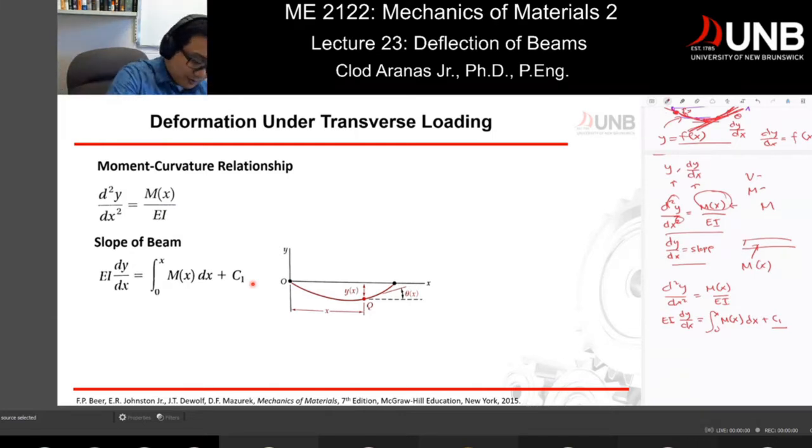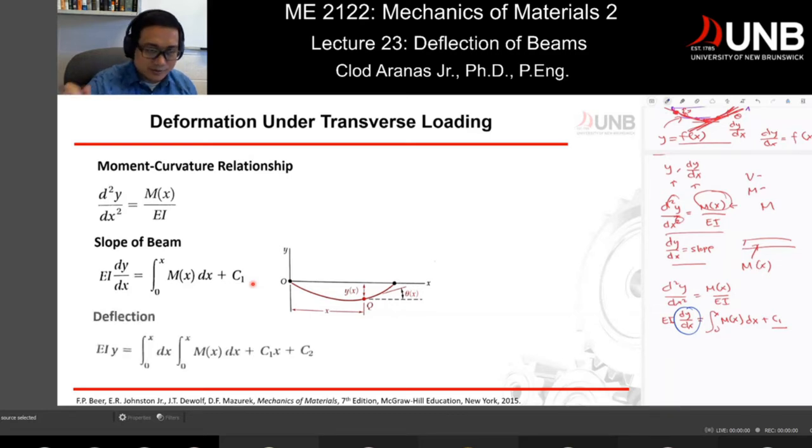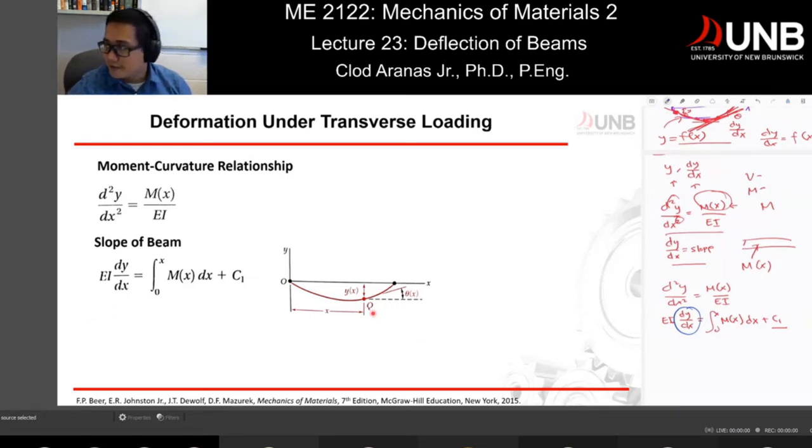Now we have a slope, but we mentioned we're also interested in deflection, which is y. So how can we determine the deflection? But before we determine deflection, I'm sorry, I haven't discussed this one. This dy over dx here is just the slope of your curve.